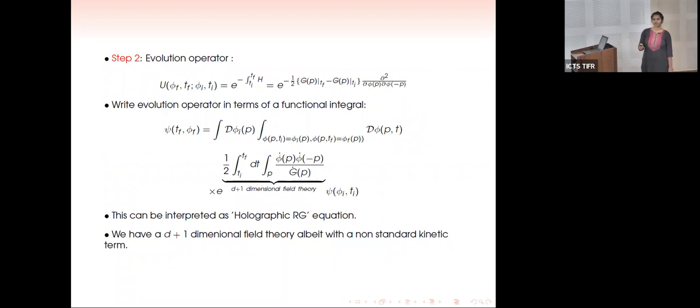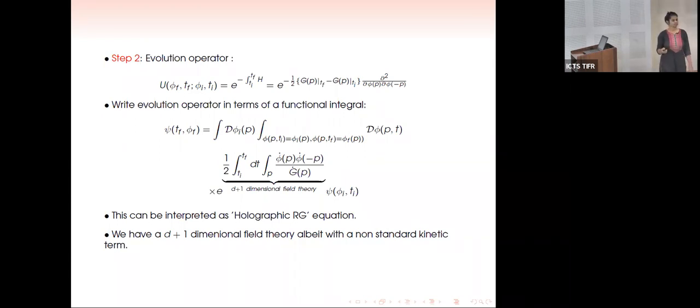We want to interpret this as the holographic Wilson equation, in the sense that we are deriving it from the boundary Wilson equation, but this corresponds to some theory in the bulk. From the bulk perspective, you can think this corresponds to some theory at some scale z equal to epsilon_i, and we are doing evolution with respect to some bulk Hamiltonian, and then it is giving a theory which is at scale z equal to epsilon_f, for example.